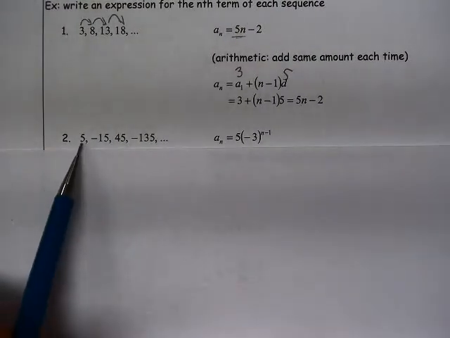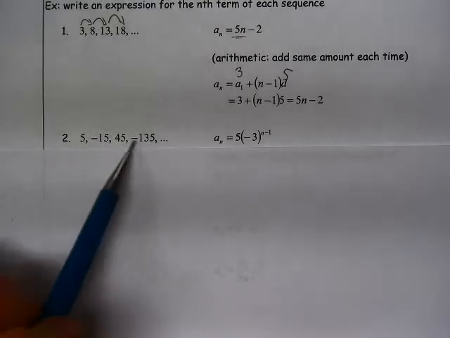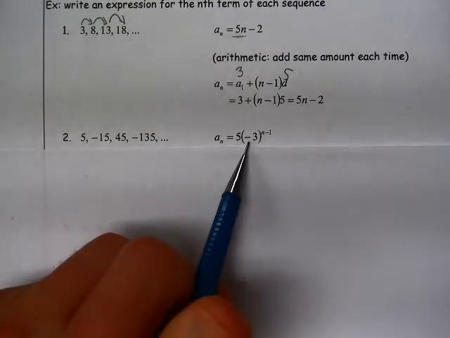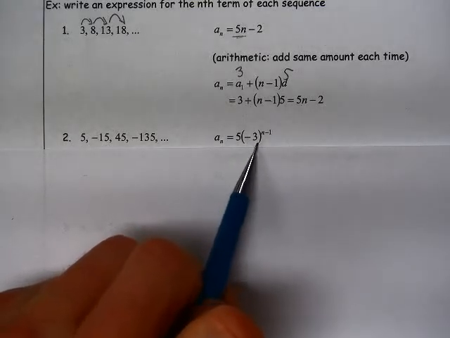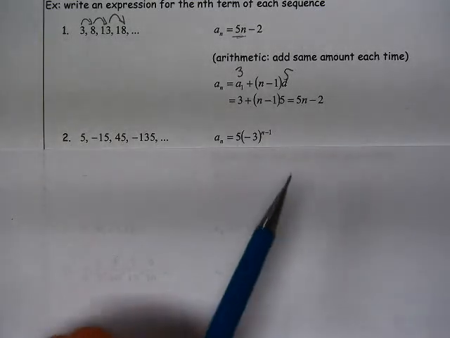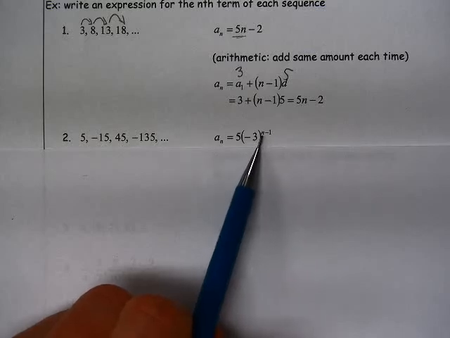This next sequence, we see that the sign alternates, right? And that's kind of a dead giveaway that we're going to have a negative number, either -1 or some other negative value inside the parentheses that's being raised to the power. So if we have n equals 3, then we're going to have -3 squared.